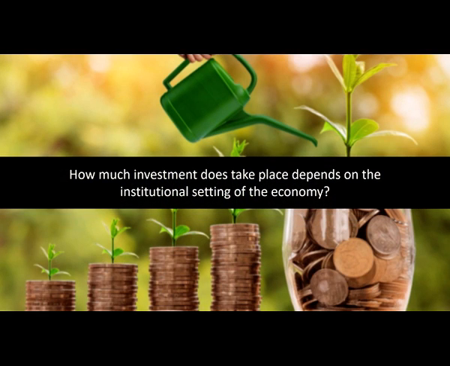So substitution that is technically possible will not occur unless society invests in sufficient capital over time to replace depleted natural resources and ecosystem services. So the question comes, how much investment takes place depends on the institutional setting of the economy.